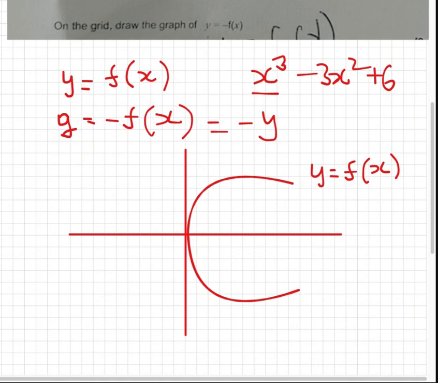Ideally, maybe I should have drawn with a different color so that you can see. So let's see. It will give me something like this.